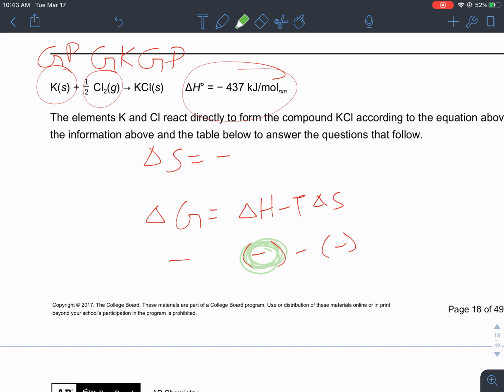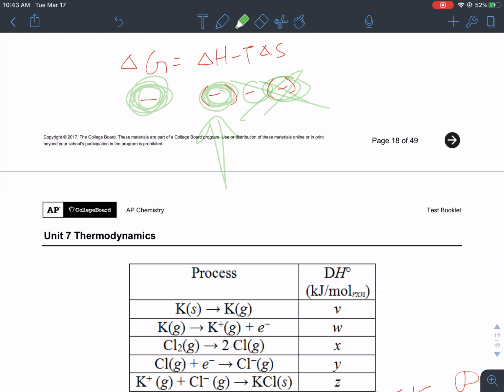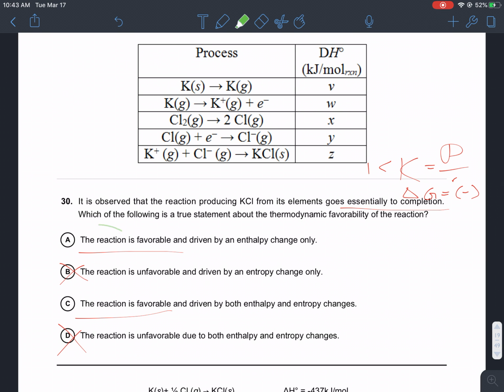The delta H is absolutely helping this become negative. The entropy term is not helping because it's a negative negative. It must be at a low temperature. So what's driving this reaction? The enthalpy is driving the reaction, not the entropy. So the answer: the reaction is favorable and driven by enthalpy change only. A is the correct answer. Get out of here, C.